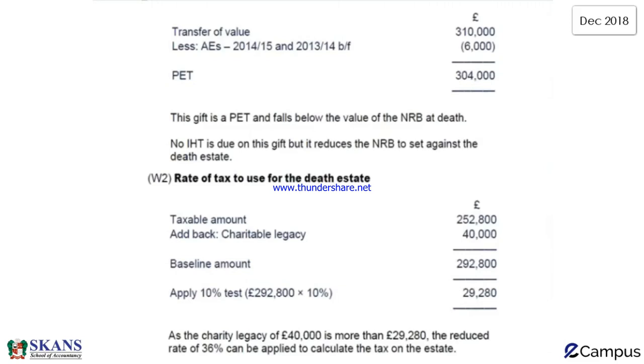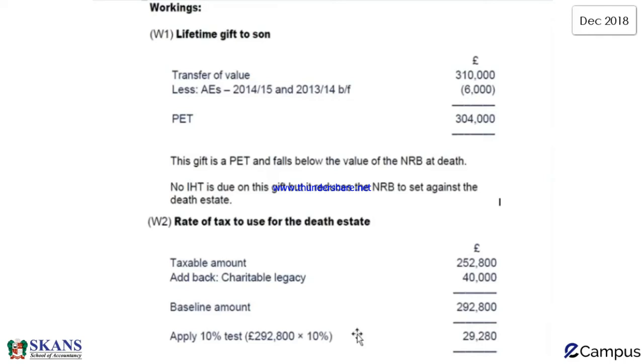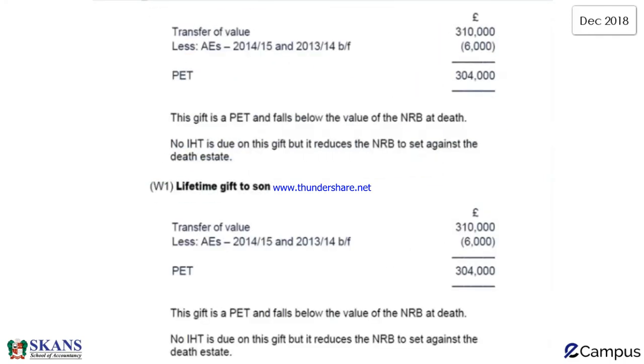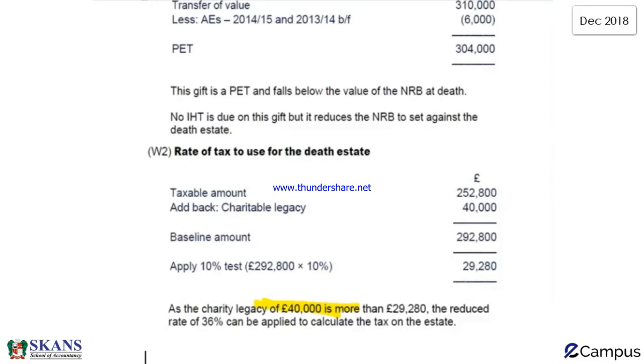Now, if we look at the taxable amount, we add back charitable legacies. The baseline amount is 292,800. 10% of that will be 29,280. So, as the charitable legacies are quite sufficiently more than the 10% of the baseline amount, the applicable rate, which I used above, is 36%. Well, this is reduced rate of charitable legacies.